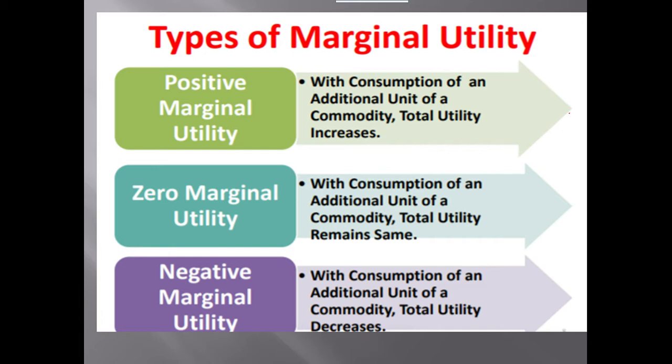The additional unit gives the individual dissatisfaction, therefore total utility declines. The third case is if, with the consumption of an additional unit, total utility remains unchanged. It means the individual is receiving neither positive nor negative utility. The additional unit gives the individual nothing. Its marginal utility is zero.